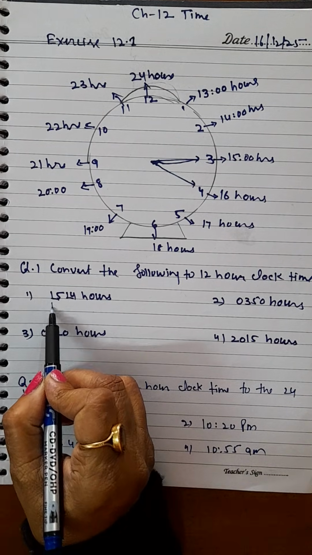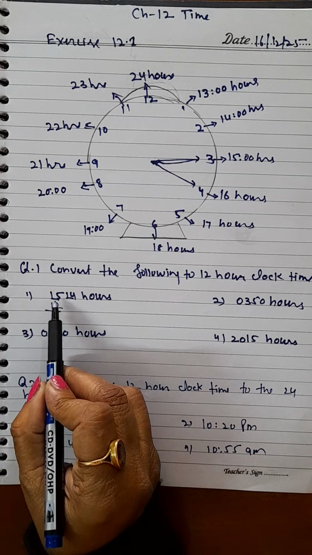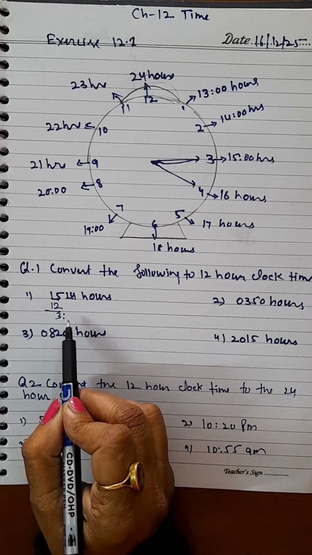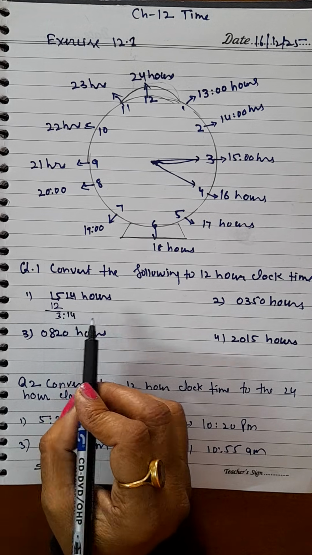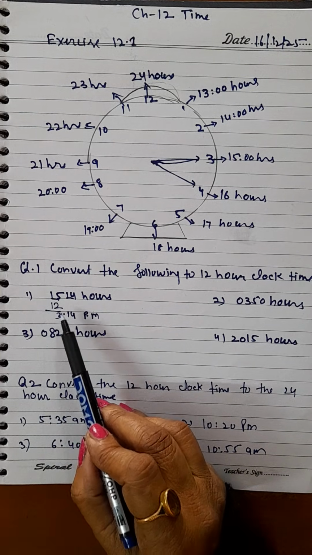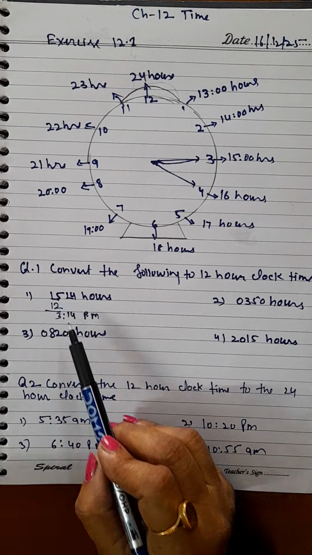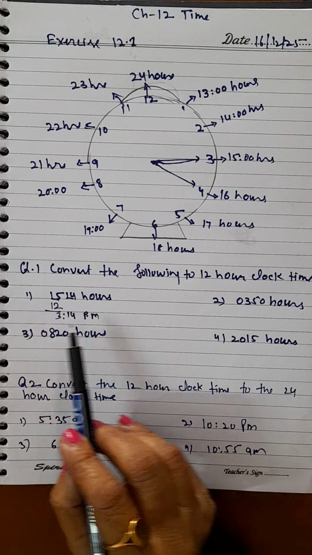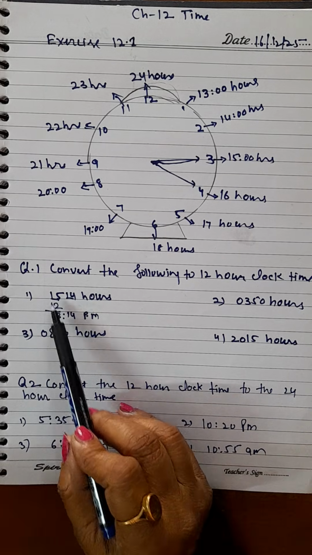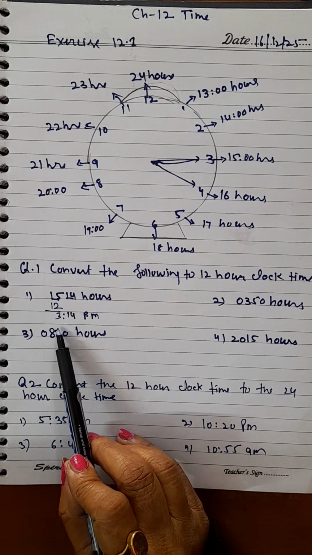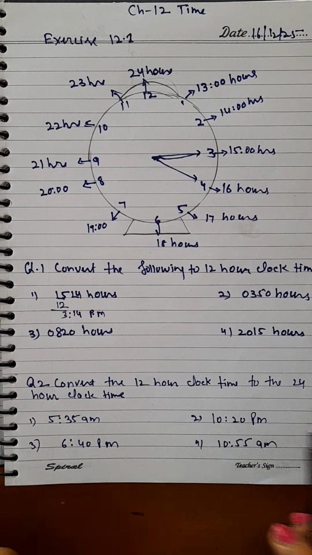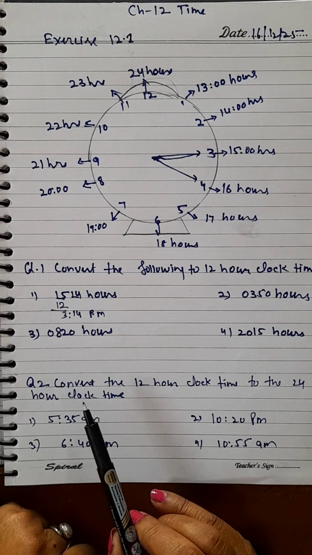So we subtract 12 from 15 and we get 3. So the time is 3:14, and because the time is more than 12, or we can say after midday, we will start writing PM. So when you convert the 24-hour clock into the 12-hour clock, we will get 3:14 PM.